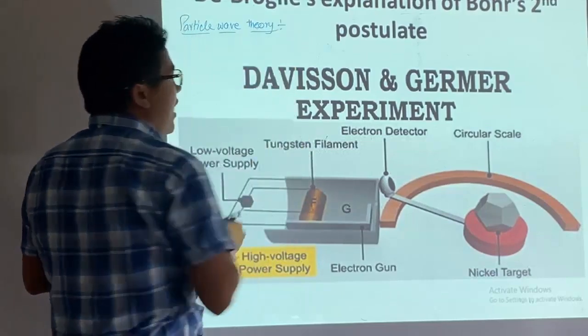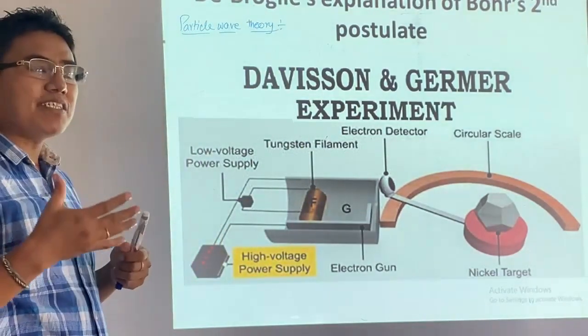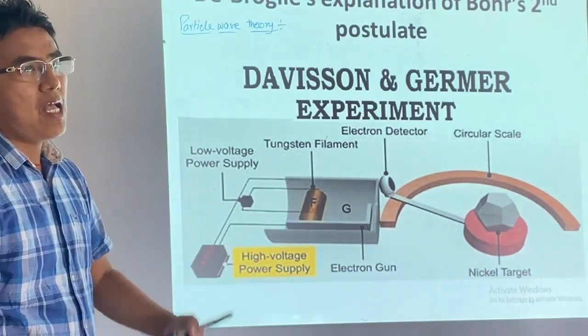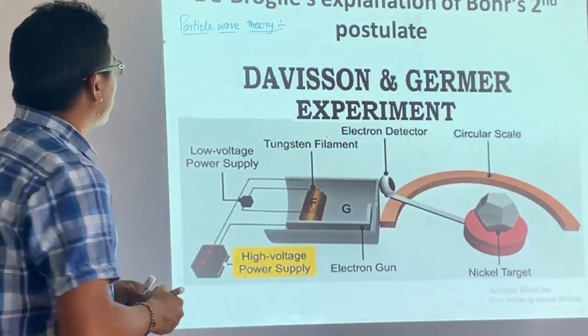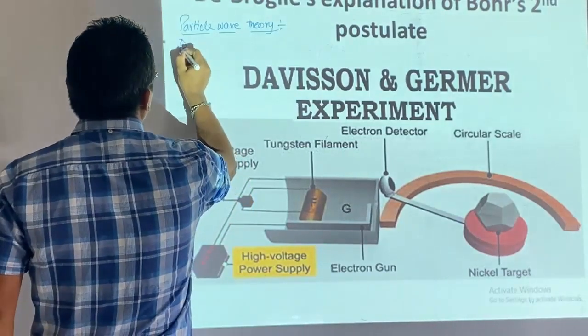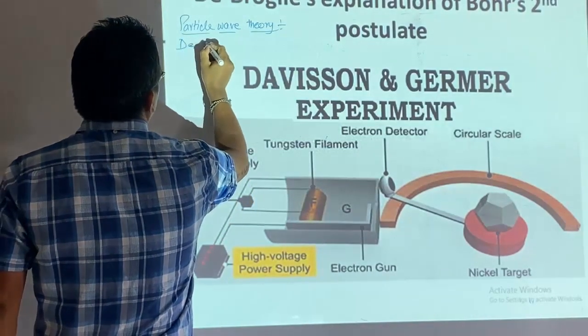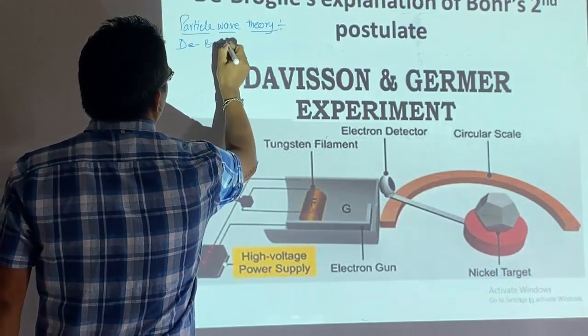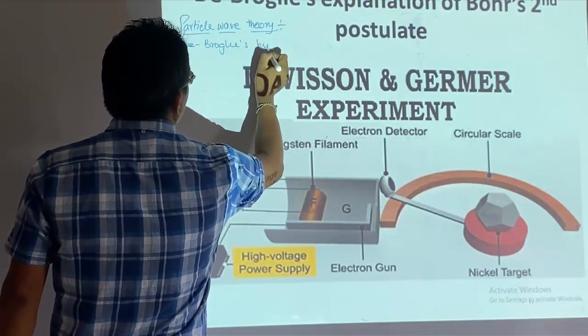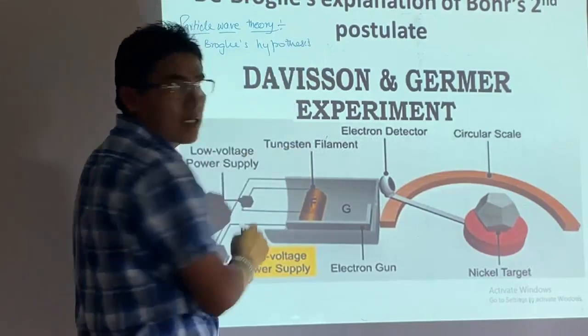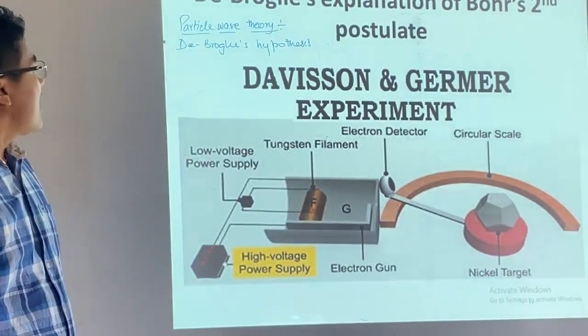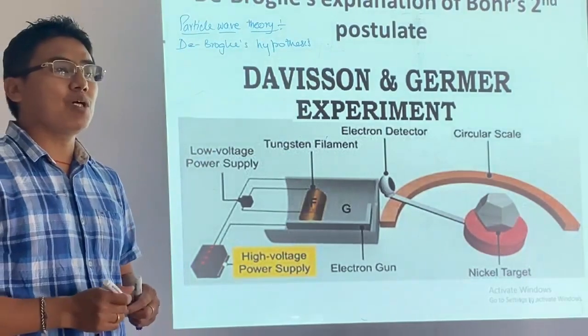That means any particle that has momentum has a wavelength, and this is what we call the de Broglie hypothesis.